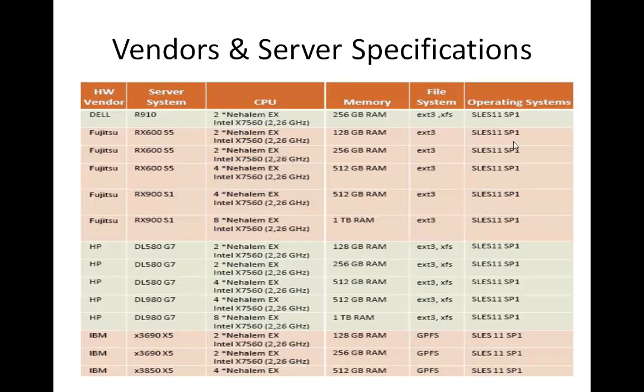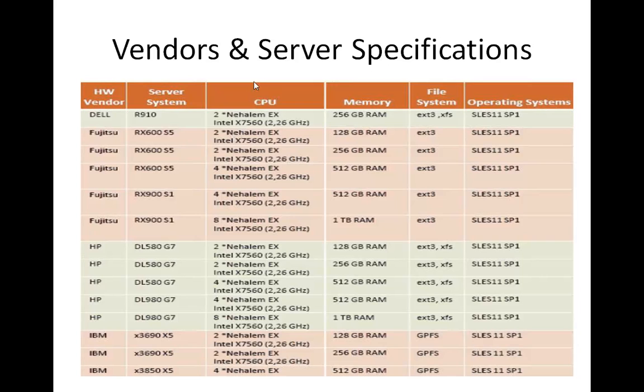So these are again the server specifications of different vendors who are providing the servers: Dell, Fujitsu, HP, IBM. Right, these are the servers that they're using. The Nehalem processors are the next generation processors after the i3, i5, i7 processors that you have.